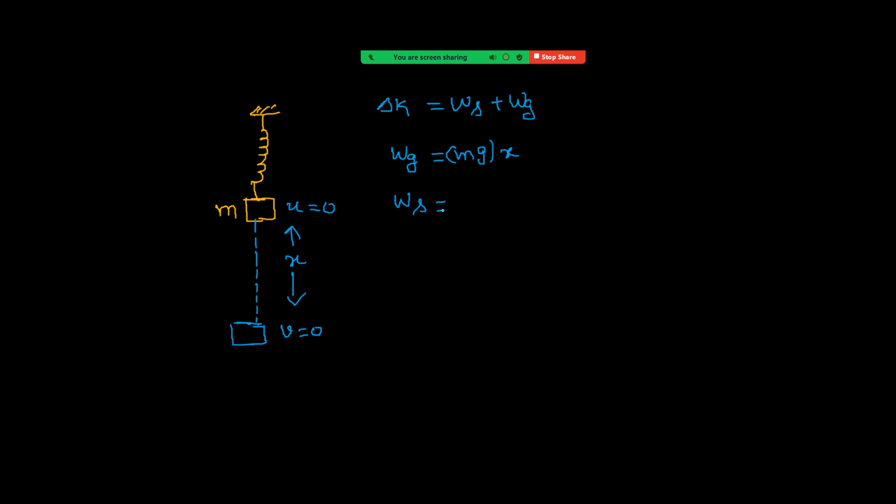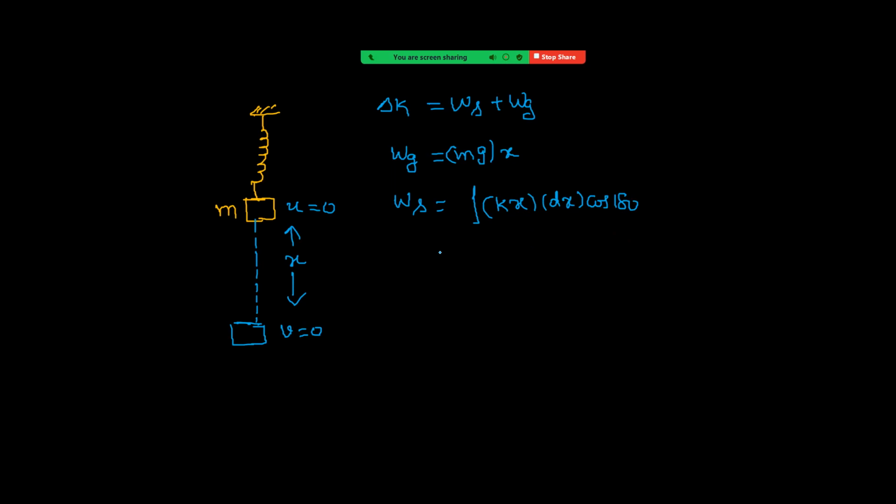Since spring force is variable, we have to use integration. If elongation is x, spring force is kx. Take a small displacement dx: F ds cos of the angle, cos 180. Students, see carefully, the block is moving down, so displacement is downwards, but spring force is upwards. That's why I have taken 180 here.